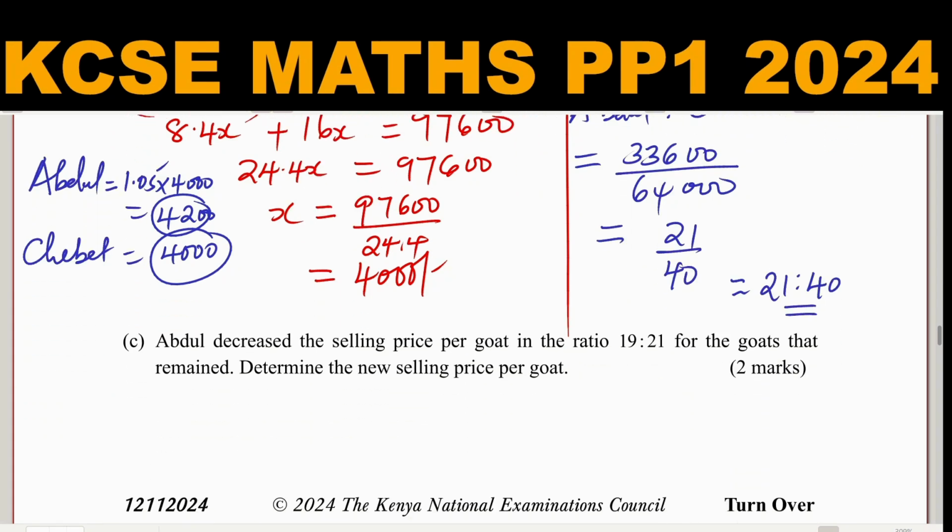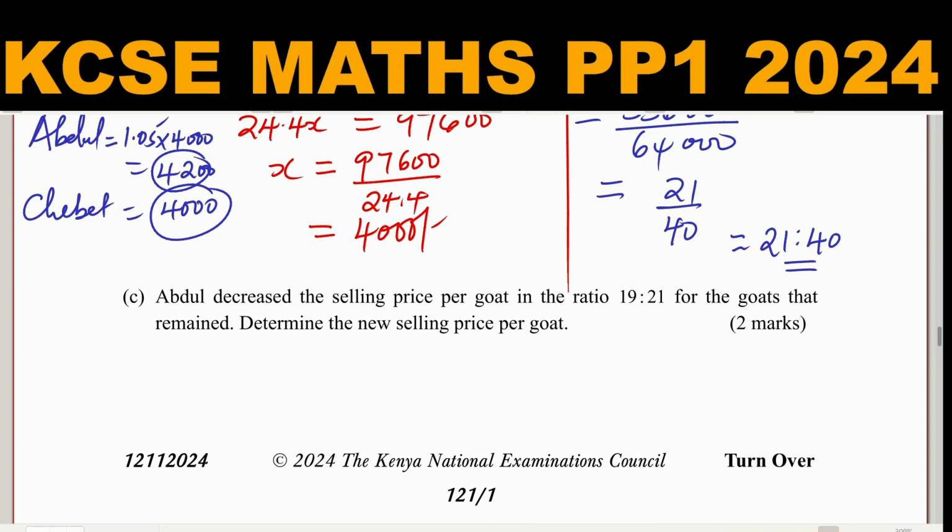The last part C, Abdul decreased the selling price per goat in the ratio 19:21 for the goats that remained. Determine the new selling price per goat. So this one is quite straightforward. We have the ratio, and you can see the selling price decreased in this ratio.